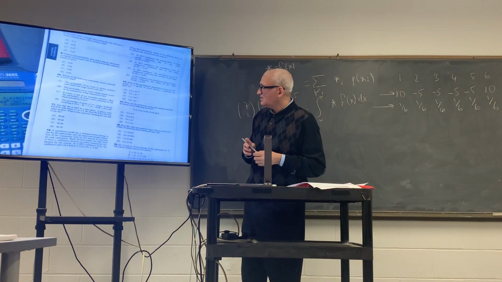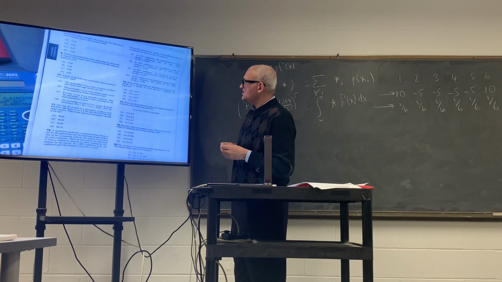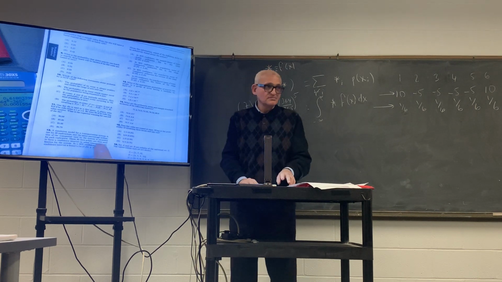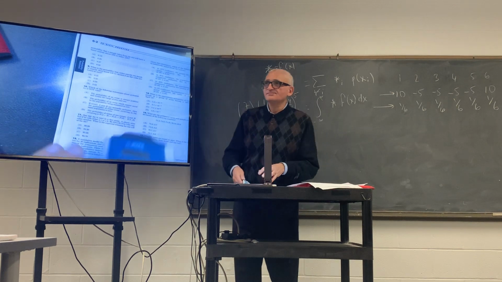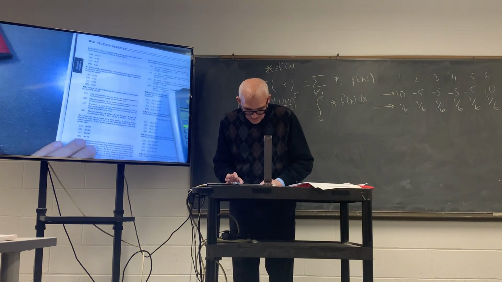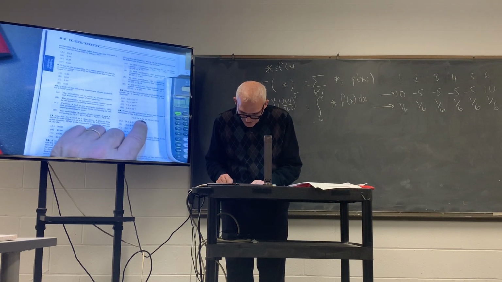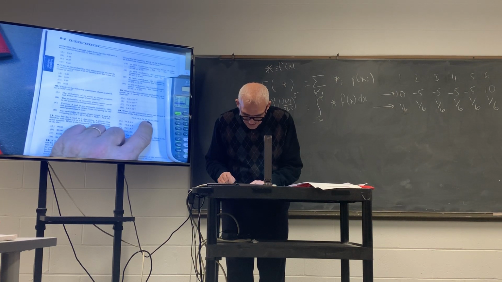Number 14. What are the arithmetic mean and sample standard deviation of the following numbers? Use your calculator. It's the easiest thing. So I'm going to go to data and enter these values: 71.3, 74, 74 and a quarter, 70, 78, 54, and 80.6.